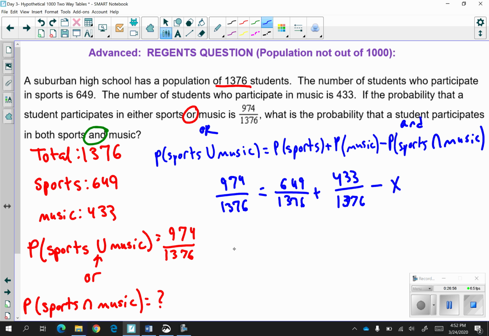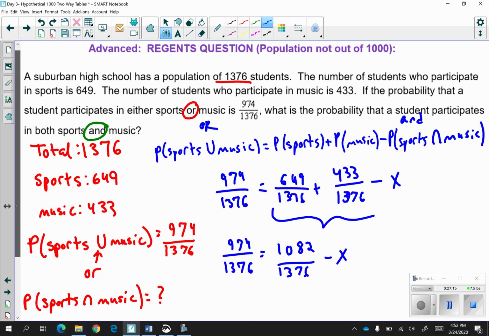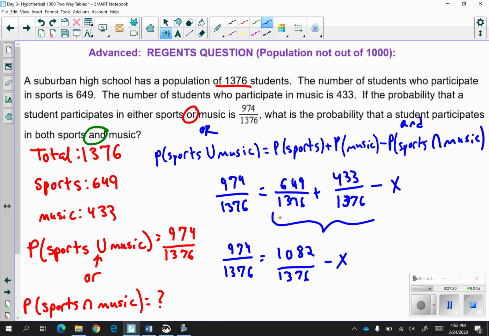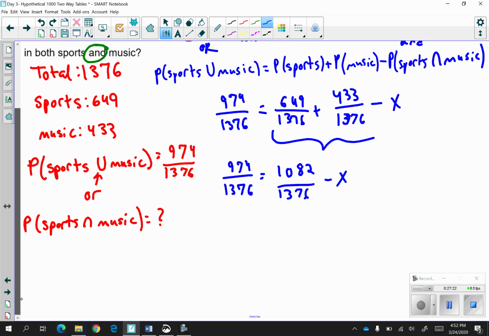Now, if you use your calculator to add the fractions, you get that they add to 1,082 over 1,376. And then you're going to subtract from both sides and solve for x.